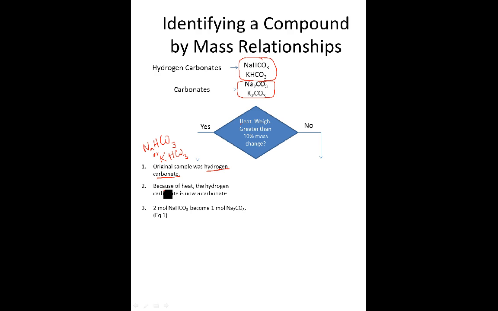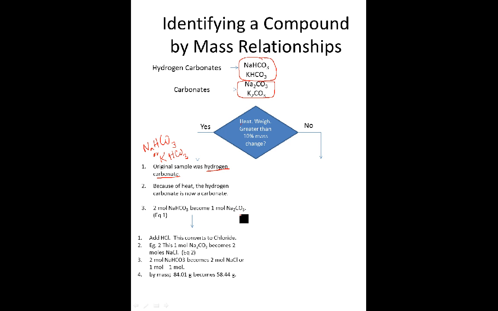Okay, so you've done a conversion. Now according to equation 1, the chemical equation that's there, 2 moles of sodium hydrogen carbonate become 1 mole of sodium carbonate. So now in the container you have sodium carbonate. Now you're going to add hydrochloric acid, and you're going to convert this sodium carbonate into a chloride.